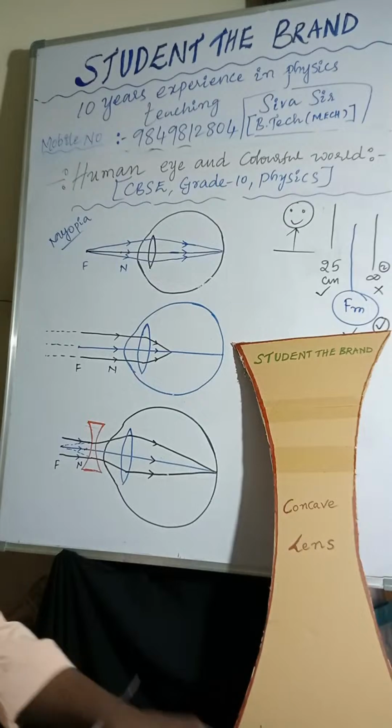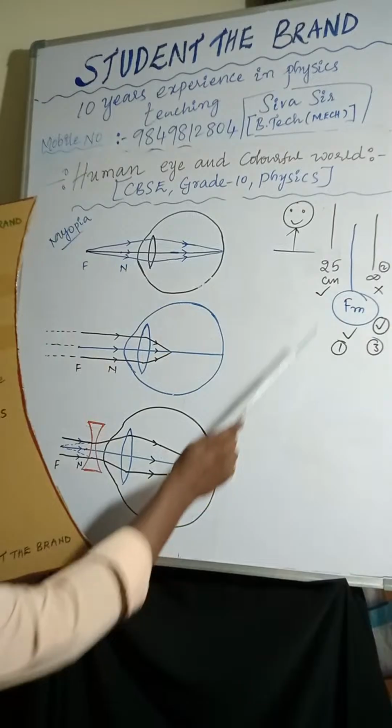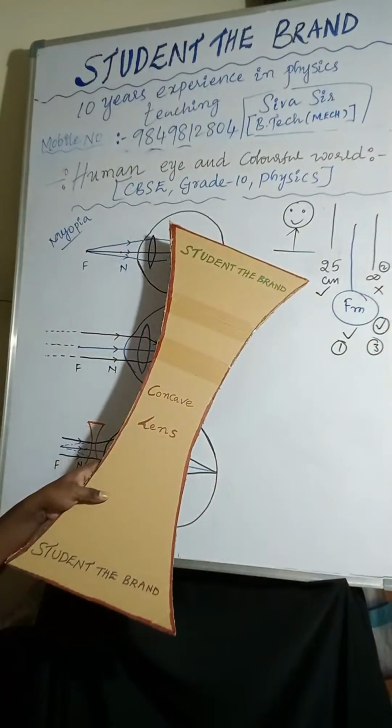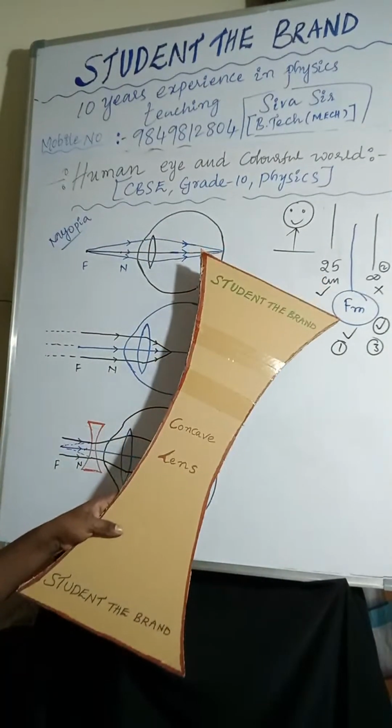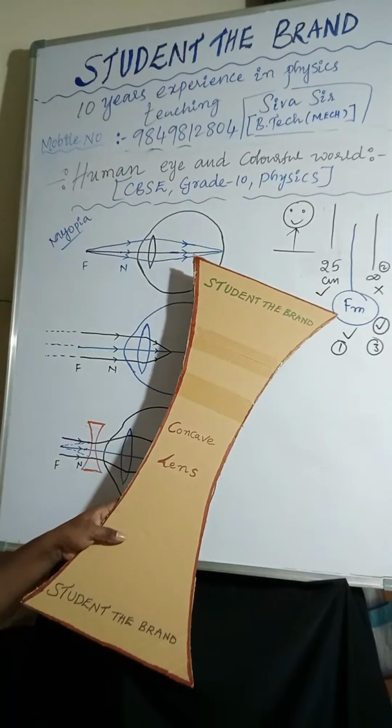As I said, first consider the first one. Near 25 centimeter, this is the far point of the myopic eye.